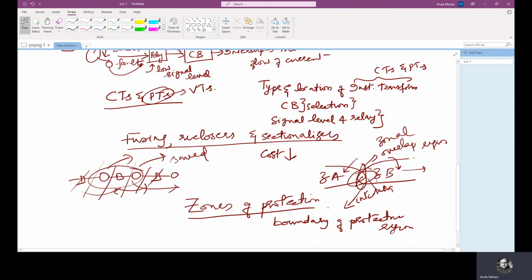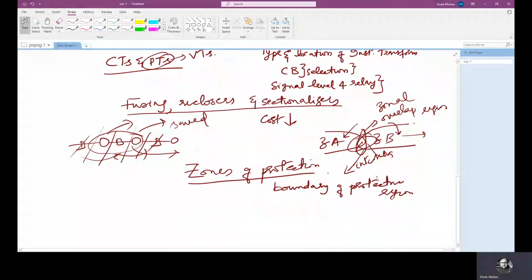Now we will see the example for zonal protection and its disadvantage. Let this be a generator. Here we have a circuit breaker A, then here another circuit breaker B, then a transformer, and from here different lines are there.